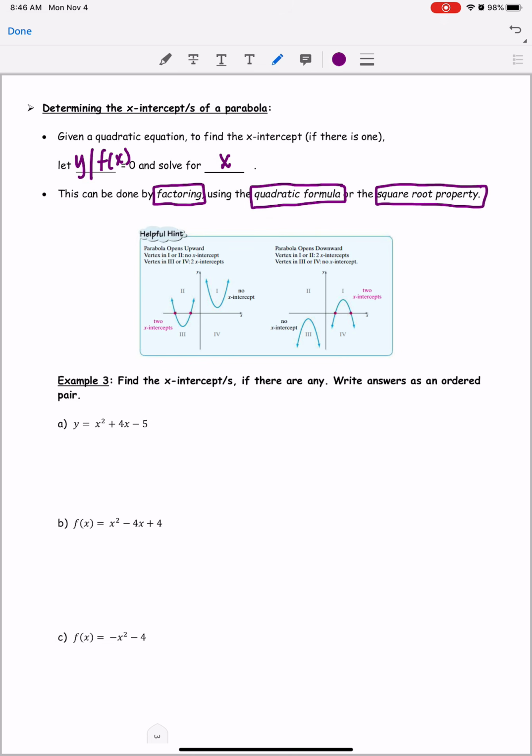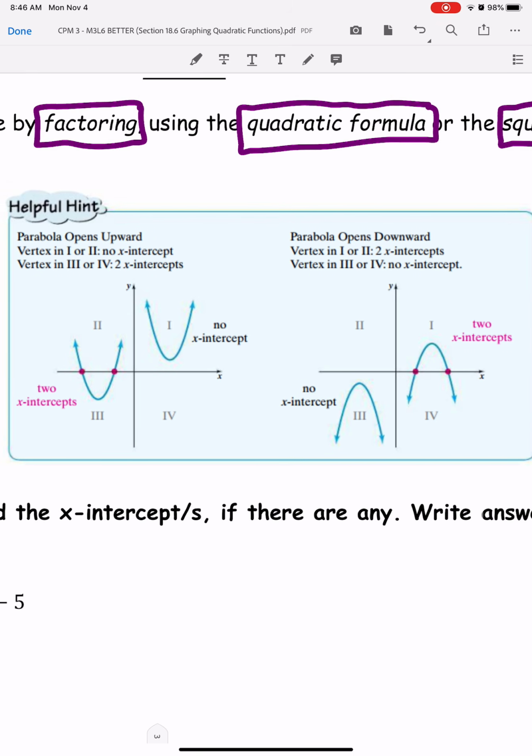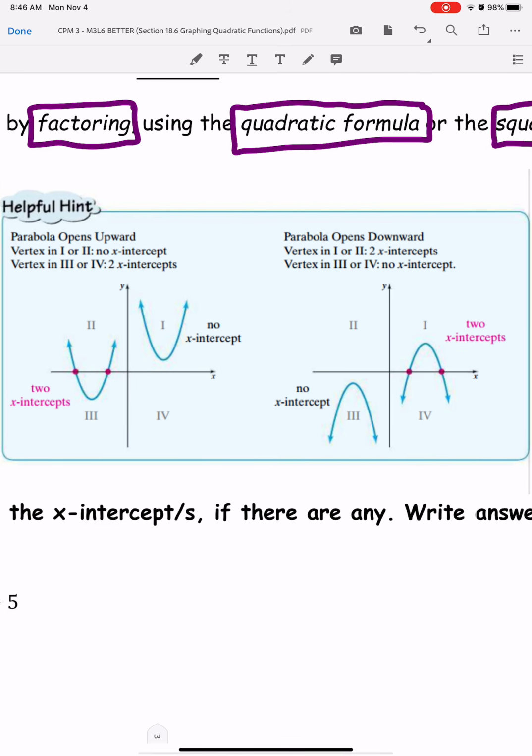Now, if you notice here, it says if there is any. You are not always going to get an x-intercept. You always have a y-intercept, but not always an x. So I'm going to zoom in here. If we look at this chart, we have examples of when you have two intercepts.